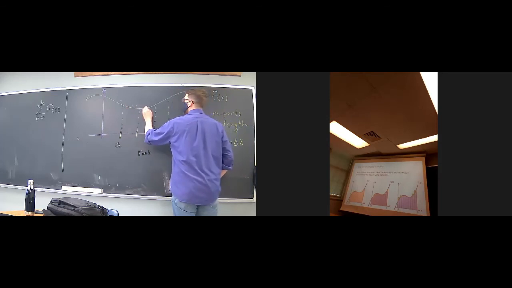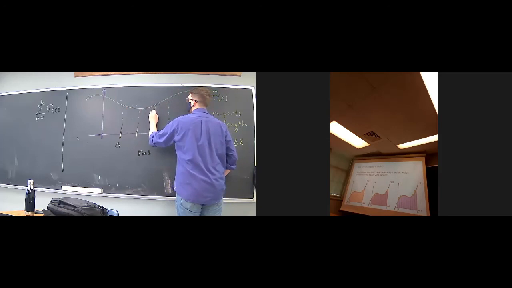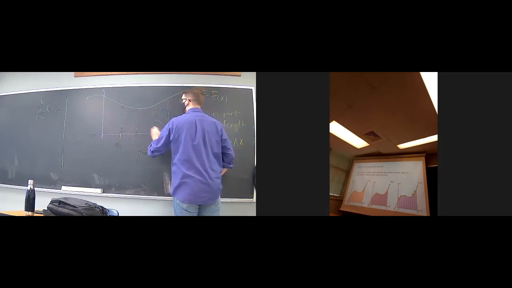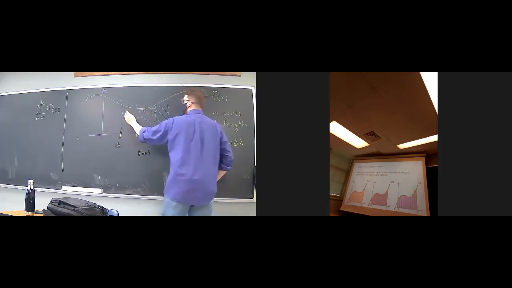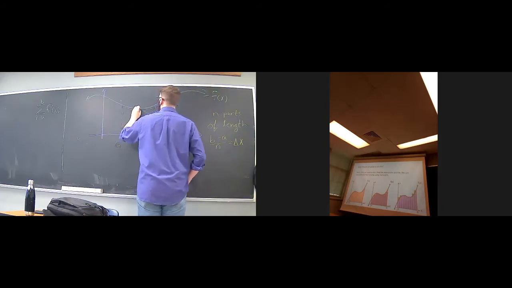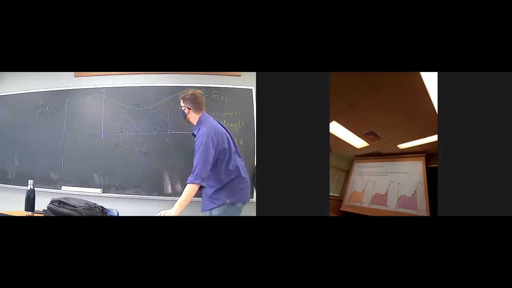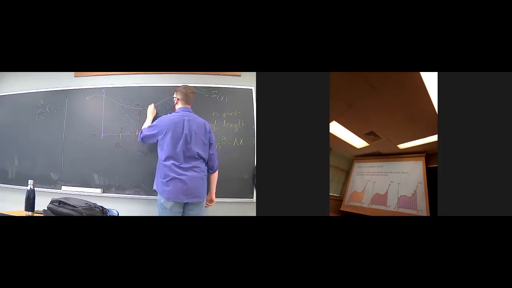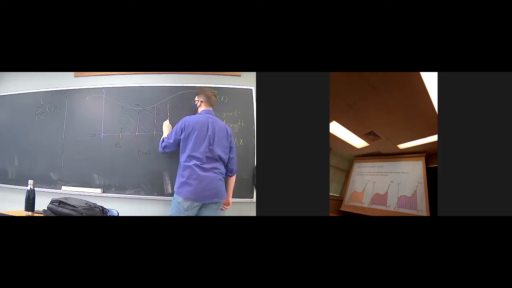So what we've got now are these rectangles here, which kind of approximates the area under our curve. Does that make sense what I mean?